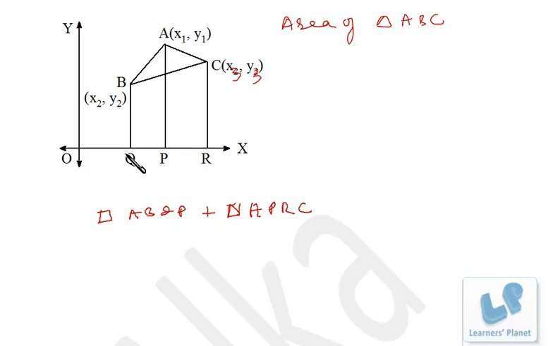Now from this, if we deduct the area of trapezium BQRC, we will be able to get the area of triangle ABC. This area plus this area minus this area will give us the area of triangle ABC.